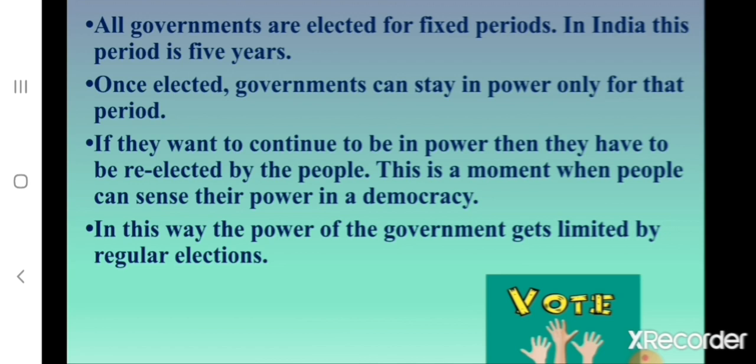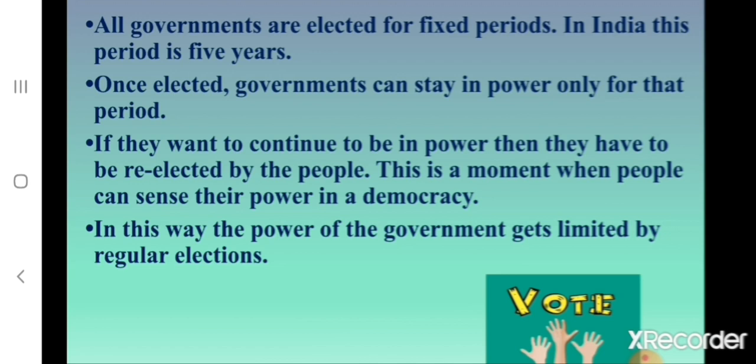That is, this is a moment when people can sense their power in a democracy. That means if they feel the government is good, then they can re-elect it again. But if they feel that the government is not working for the welfare of the people, they can choose any other representative of another political party.